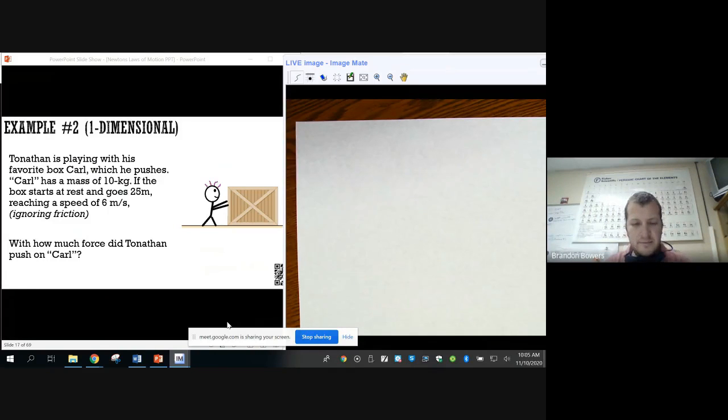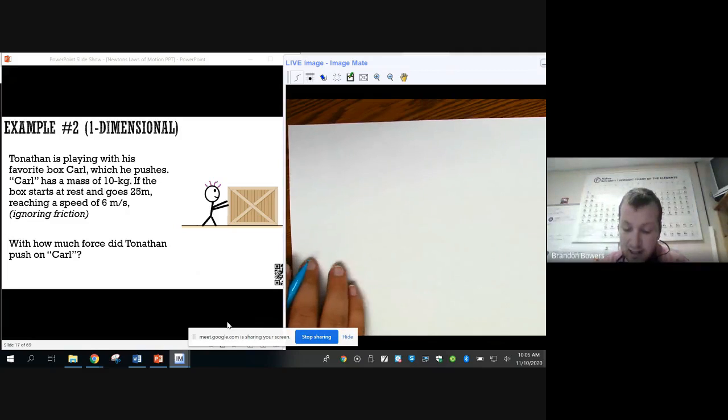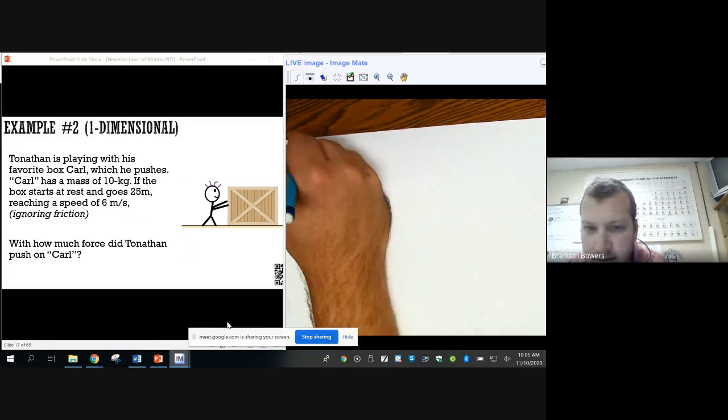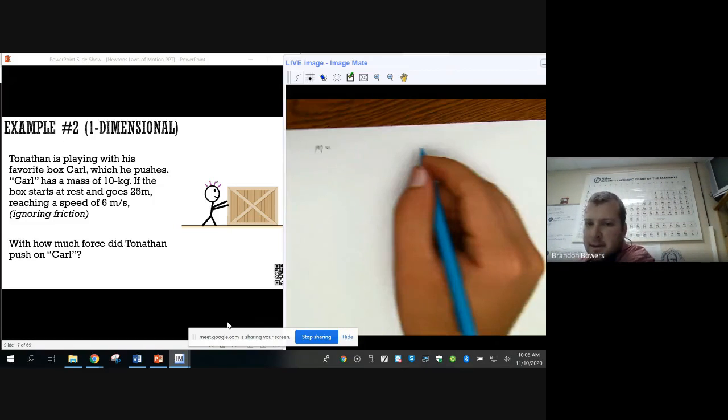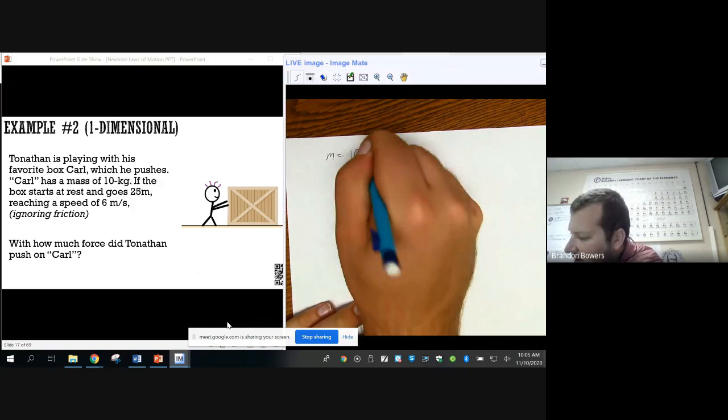We left off right on example 2, where Jonathan is playing with his favorite box, Carl, which he pushes. Carl has a mass of 10 kilograms. Let me zoom in a little bit. So we know the mass is 10 kilograms.